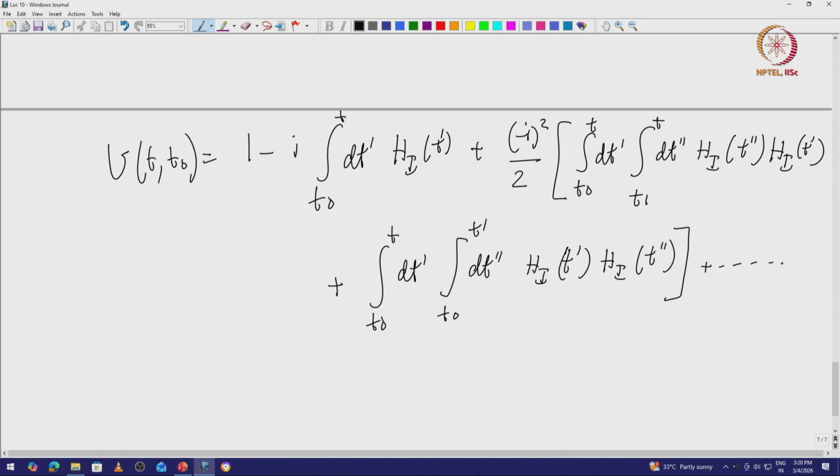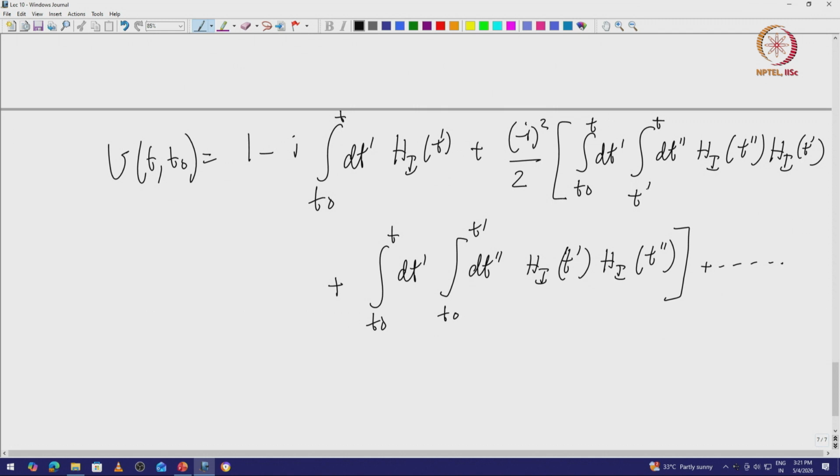Now see how we express the second order product. Okay. So one term is H_I(t'') H_I(t'), the other term is H_I(t') H_I(t''). Now you see how the limits are also modified essentially. So one is T0 to T, T' to T. And note this should be clear, otherwise you will miss the point.